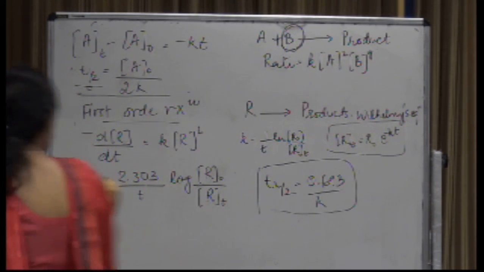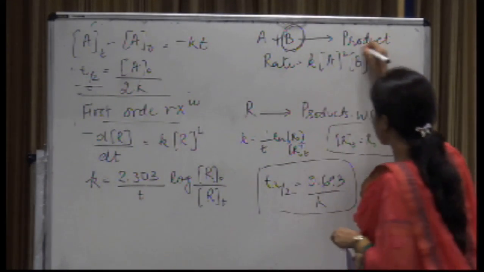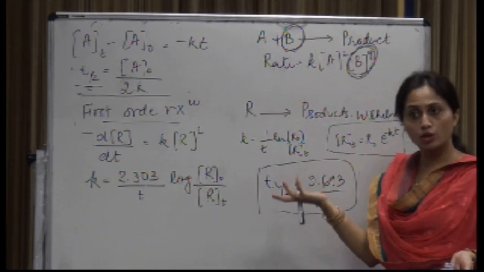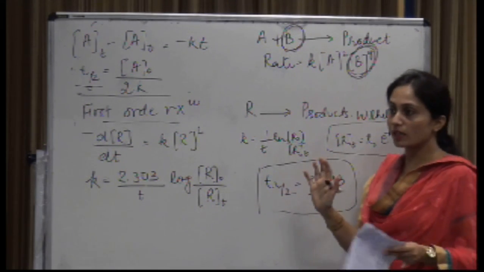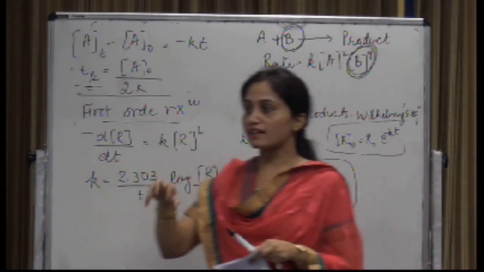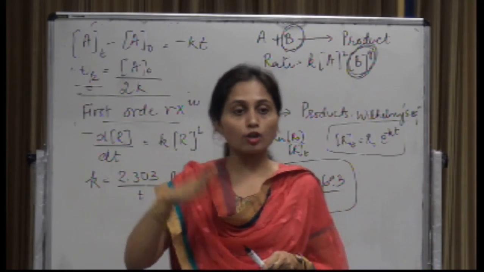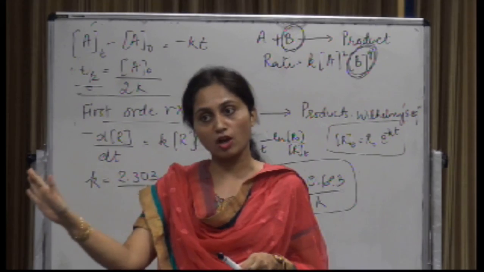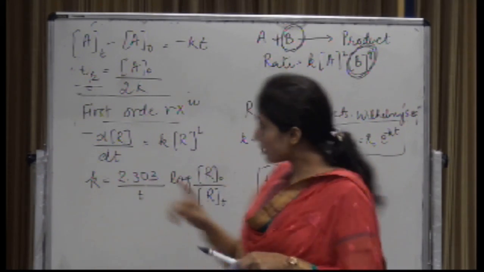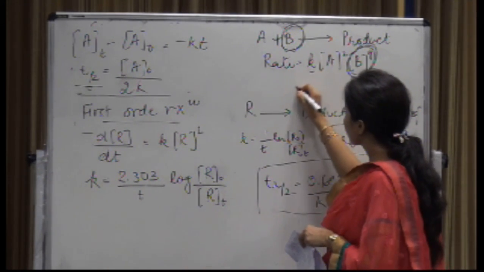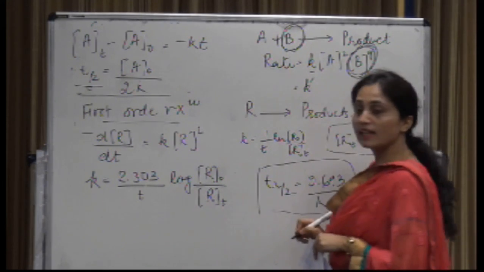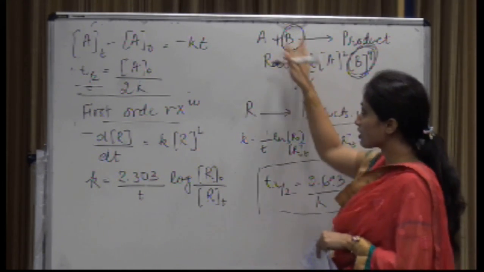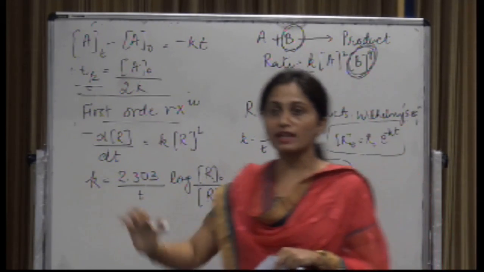So this means that if B is your water, this concentration almost remains constant. You getting the point? If I take one of the reactants in excess, then the concentration of that reactant will almost remain constant throughout. So because of that, we get k dash as the new rate constant, because rate constant is a constant for a particular reaction at a particular temperature.